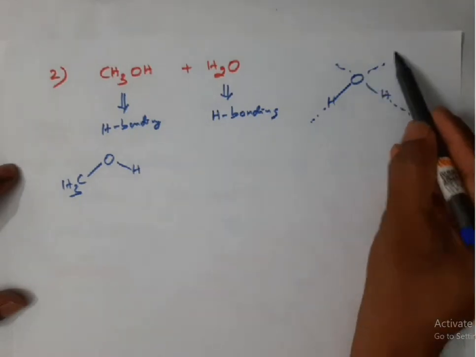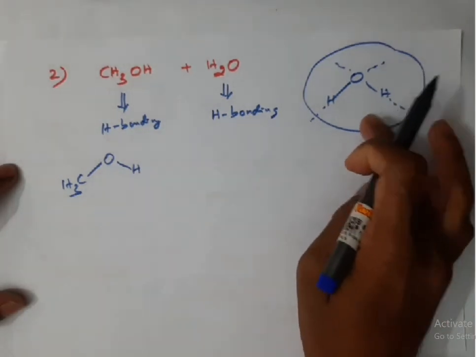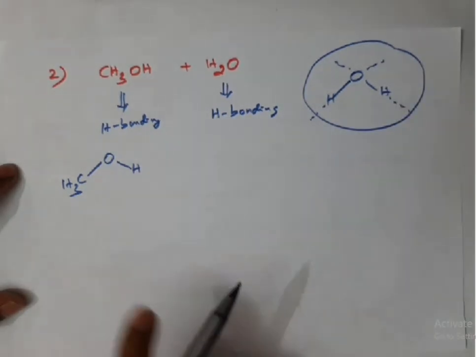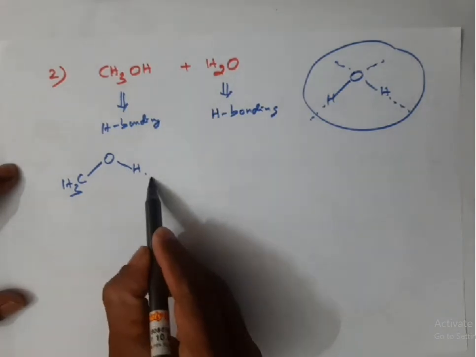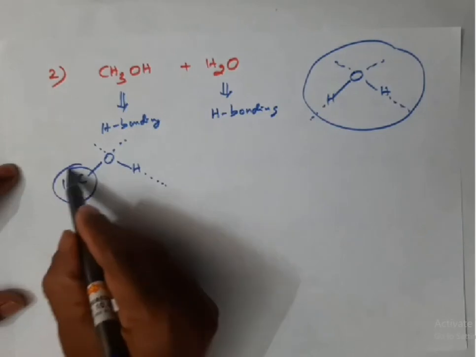Each molecule can form 4 hydrogen bonds in liquid water. So the hydrogen bonding attraction is stronger here. Whereas in the methanol molecule, this hydrogen can form a hydrogen bond, and the oxygen can form 2 hydrogen bonds, but the methyl group cannot form a hydrogen bond.